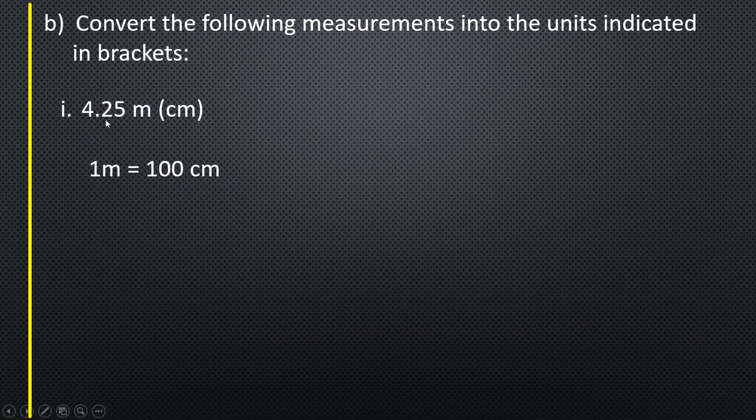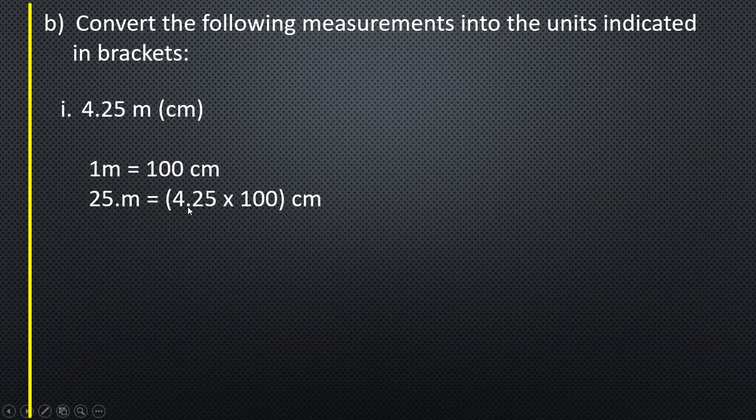Example 1: I want to convert 4.25 meters into centimeters. When you check on a meter rule, 1 meter is equal to 100 centimeters. So if 1 meter is equal to 100, how about 4.25?